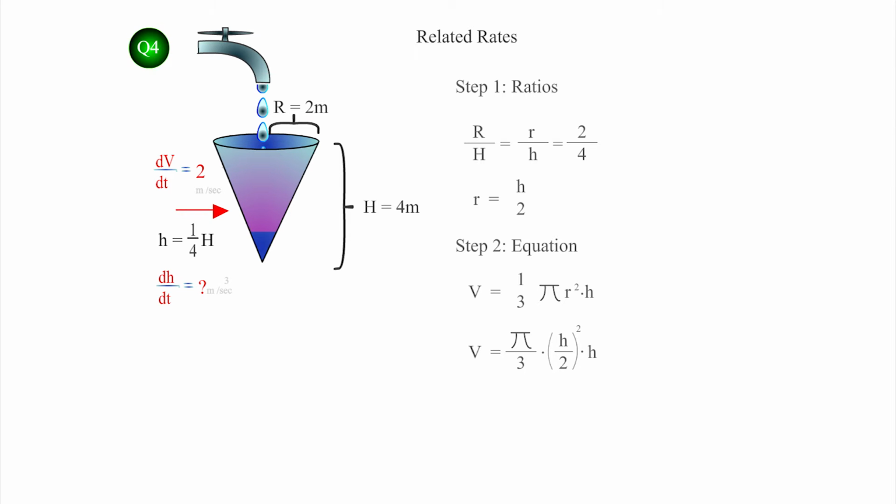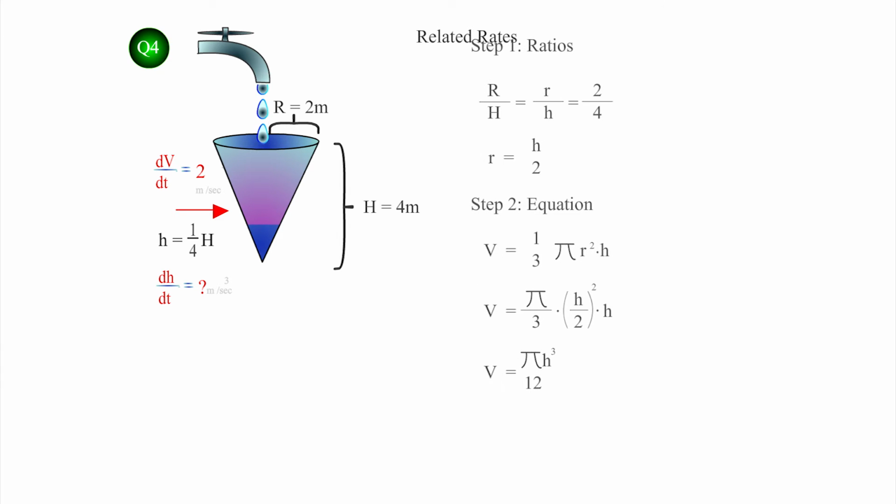Therefore, if we replace r with 1/2 h, the volume of the cone is then equal to 1/3 times pi times (1/2 h) squared times h. If we simplify it, we can then see the volume is 1 over 12 pi h cubed.